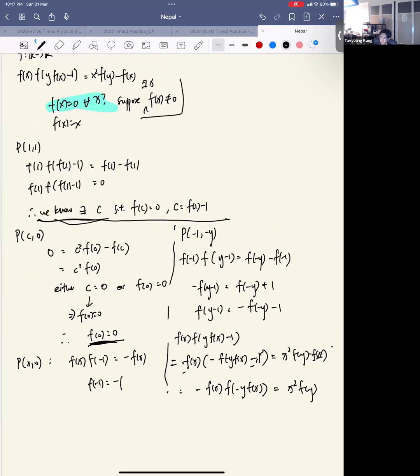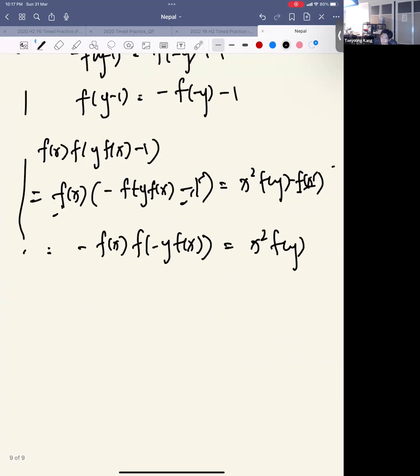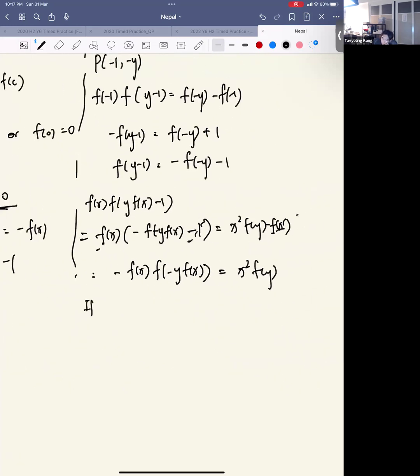So if there existed some d such that f(d) equals 0, we just substitute P(d, y) into this, and what do we get? We just get 0 is equal to d squared f(y), right?